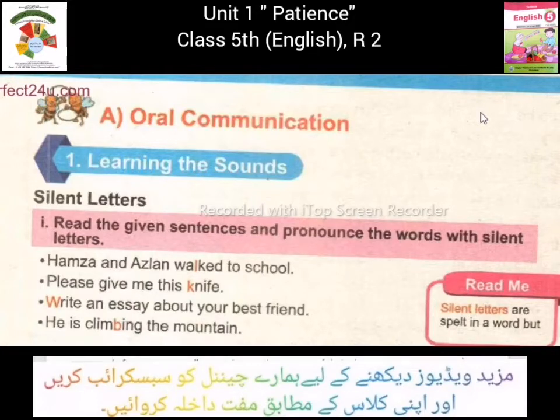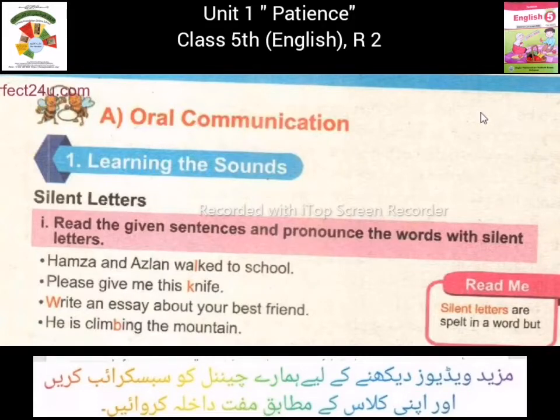So now have a look at the exercise, that is, read the given sentences and pronounce the words with silent letters. The first one is: Hamza and Aslan walked to school. In this word walked, the L letter is silent. It is highlighted with orange color, so you will identify it easily.